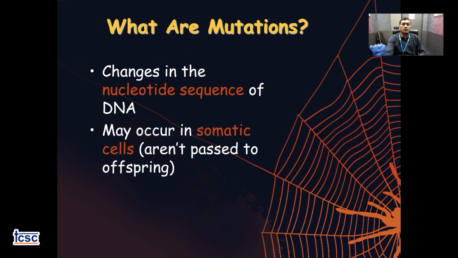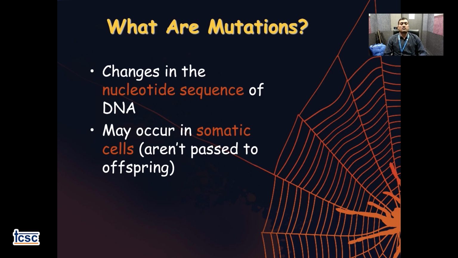Now, mutation may occur in a somatic cell. In our body there are two types of cells: number one, somatic cells, and number two, germ cells. Let's discuss mutations in the somatic cell and mutations in the germ cell. What will be the result after mutation in a somatic cell, and what will happen after mutation in a germ cell?